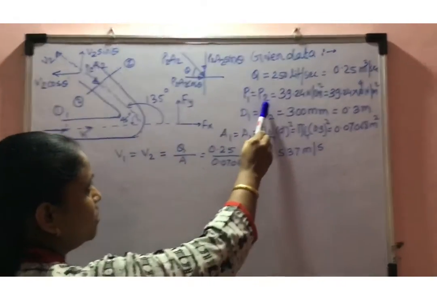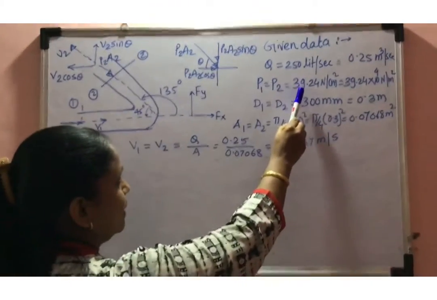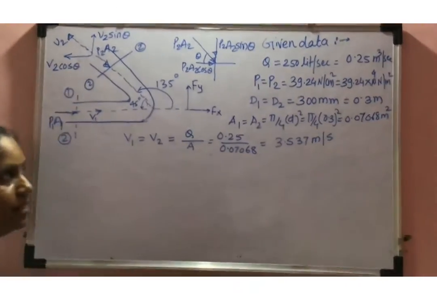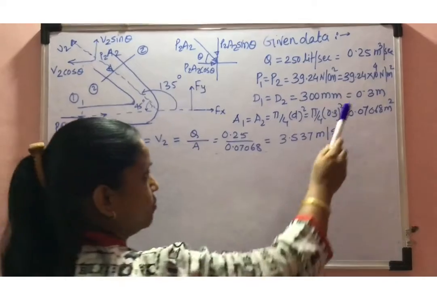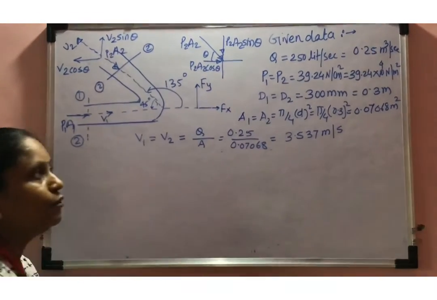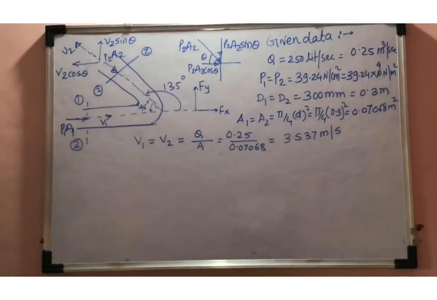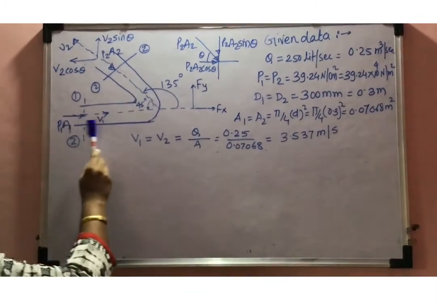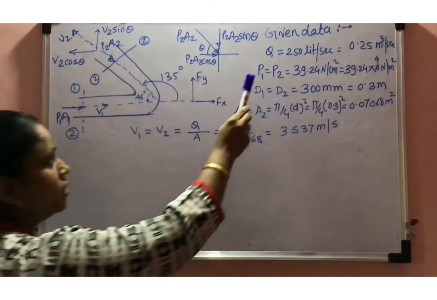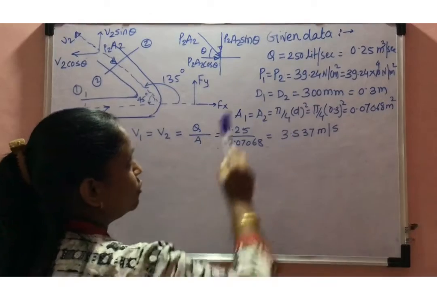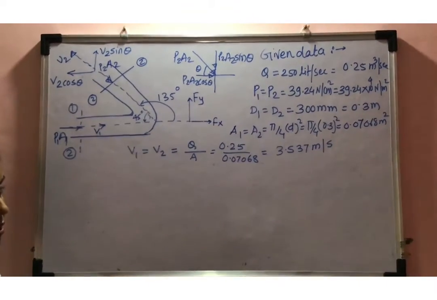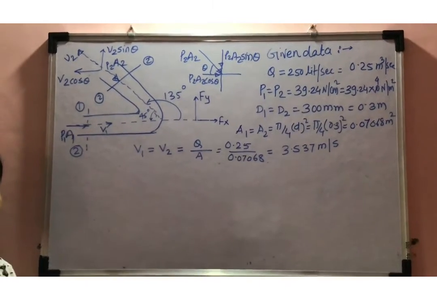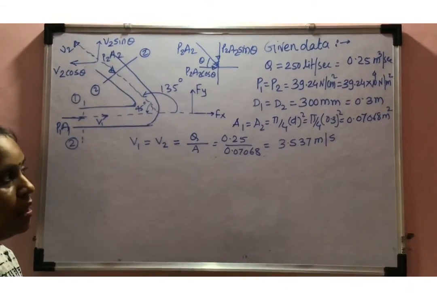Here P1 is equal to P2, that is 39.24 Newton per centimeter square, and after converting into Newton per meter square it becomes 39.24 into 10 raised to 4. The discharge through this pipe is given, that is Q is equal to 250 liters per second. After converting it becomes 0.25 meter cube per second.